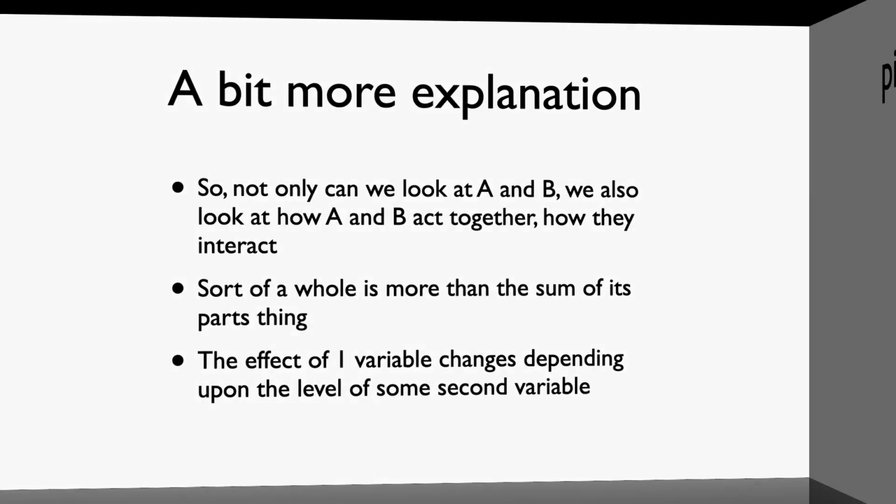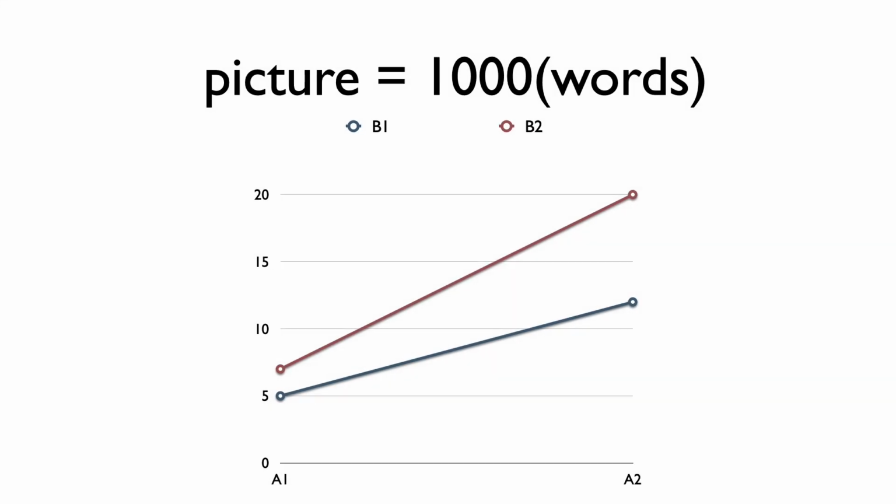Okay, very nice. So here's, as I say here, a picture is worth 1,000 words. This is an interaction. Let's look at this one here. This is some variable, I don't know what the variables are I'm measuring here, just numbers. The dependent variable is on the y-axis. Along the x-axis I have independent variable A. It has two levels, A1 and A2.